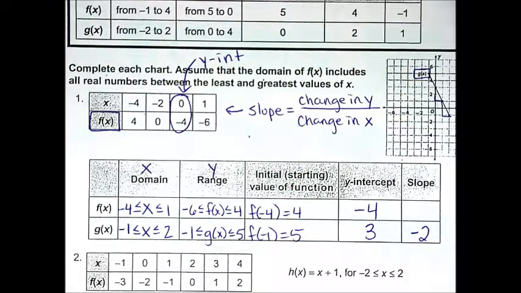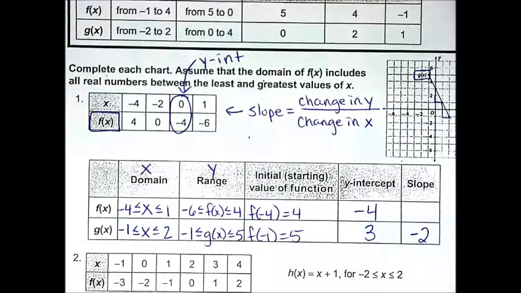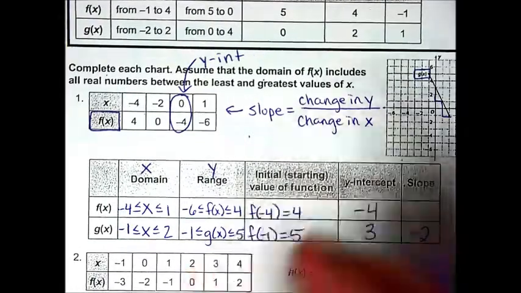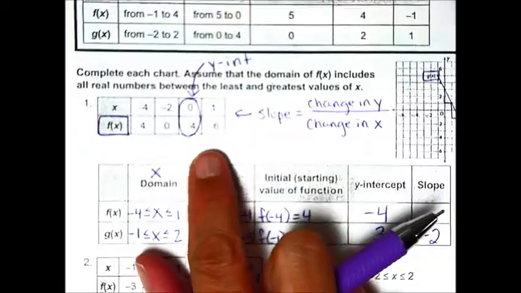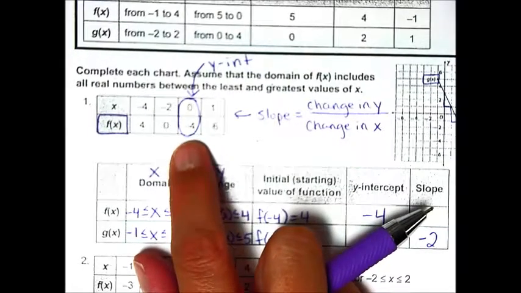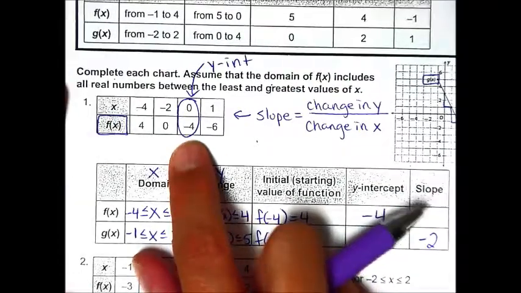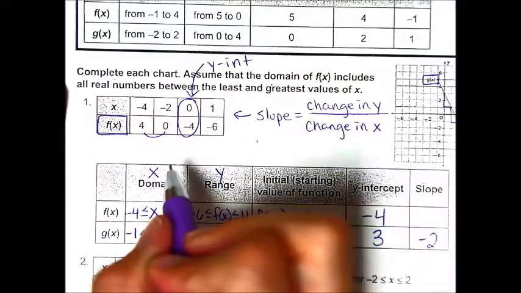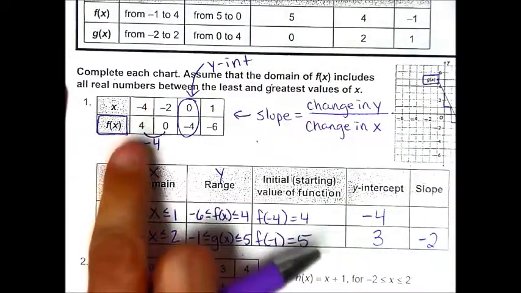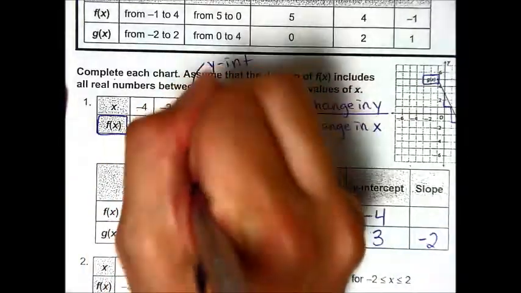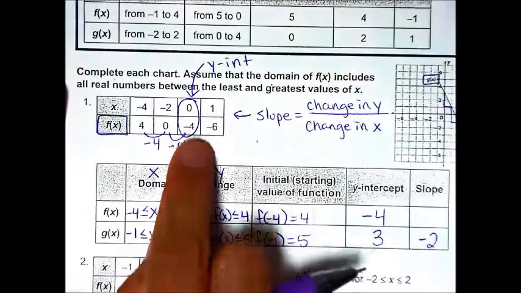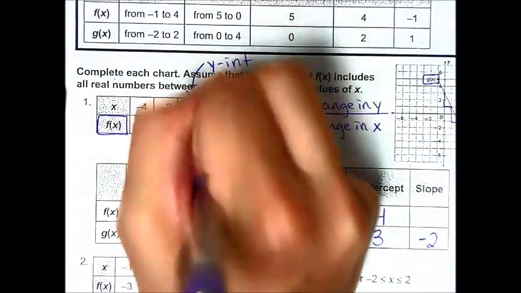Change in y over change in x. So here is what I want you to do. Go across this y column, and look at how the numbers are changing. This goes down 4, minus 4. This goes minus 4. But this goes minus 2.